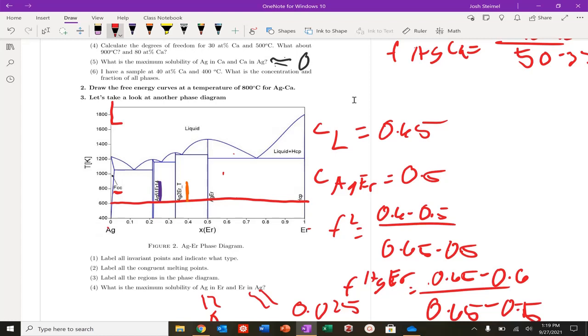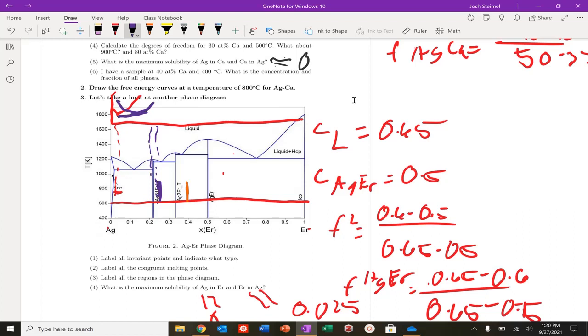Actually, I'm going to draw the free energy curve like this right here. Up until this point up here, I am just on my red curve, and then I have a common tangent from here to my purple line right here. There's some infinitesimal two-phase region, but from here to here I have a common tangent.